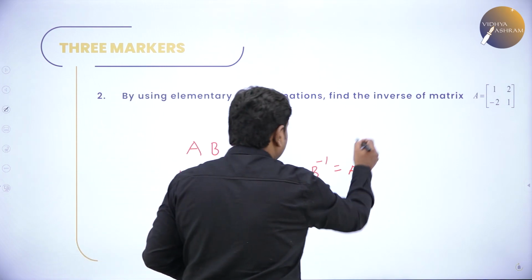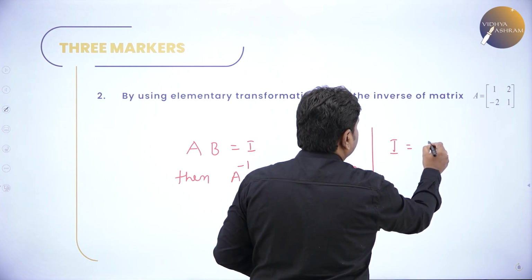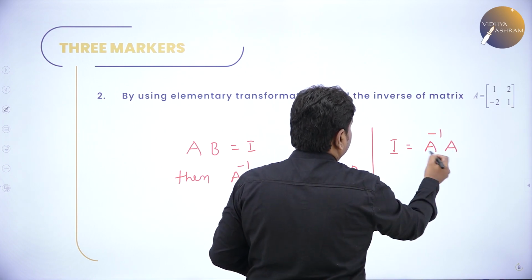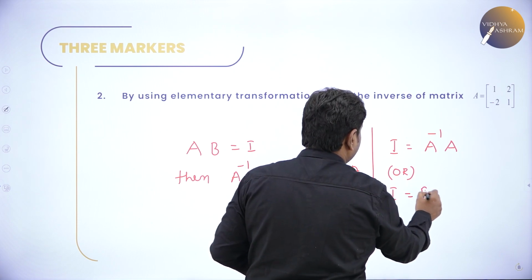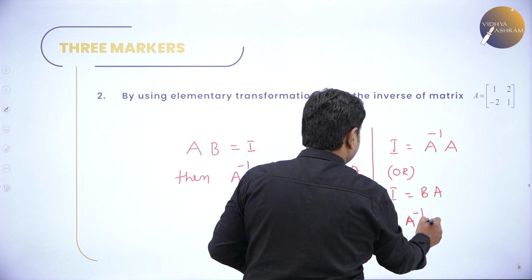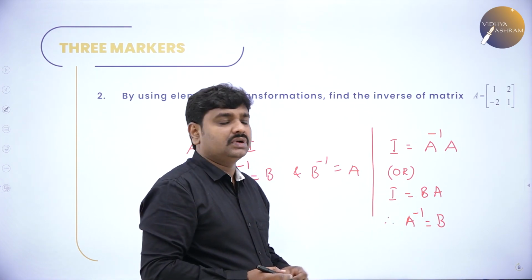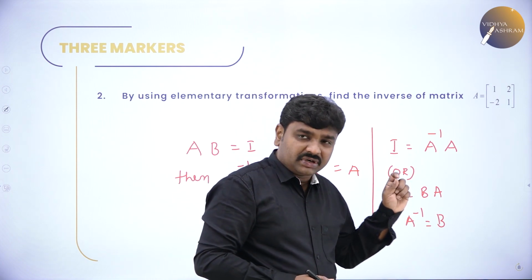So using the same concept, if I write I is equal to some matrix into inverse into A, or I is equal to B into A, then the inverse of A will be this value B and B inverse will be A. Identity matrix can be expressed as the product of a matrix and its inverse.